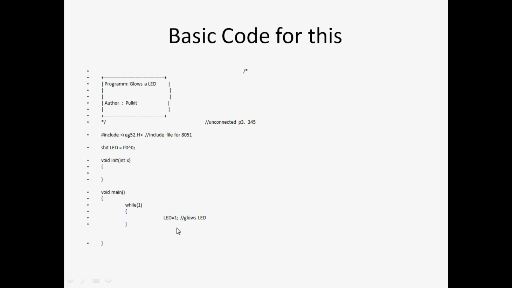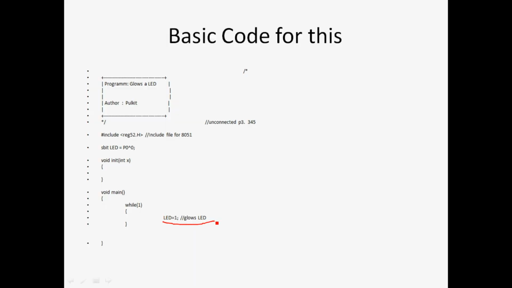In this while(1) we have our actual code. LED = 1 will glow our LED, which is the main task of this code. Hence this statement is responsible for the functioning of our 8051 microcontroller with the LED.